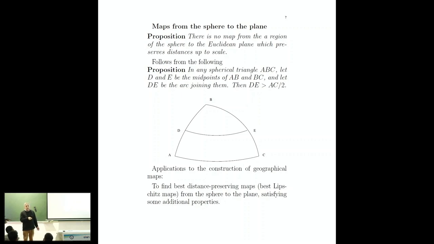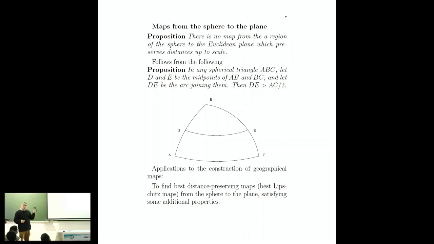This is a triangle. I want these three distances to be of the same scale on my map, right? Let's say 1 over 1,000. Okay, 1 over 10,000.